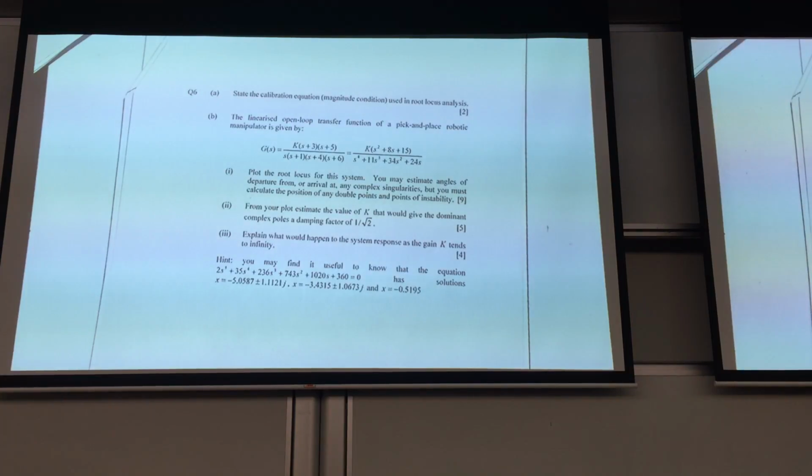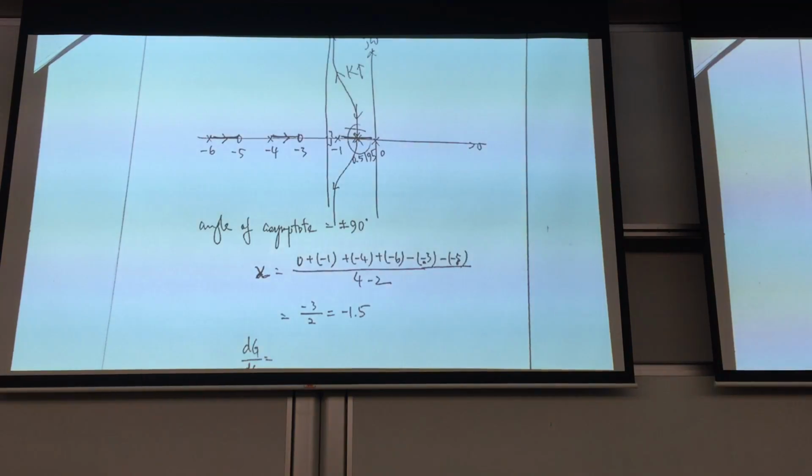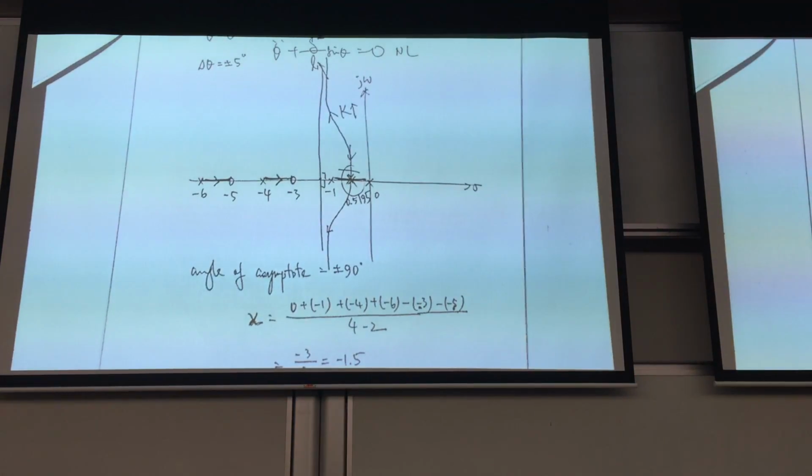Explain what would happen to the system response as gain K tends to infinity. I've shown you roughly this is increasing of your gain K value. So this is your root locus, increasing gain K. What do you think happens when gain K becomes very large? What will happen to the response?